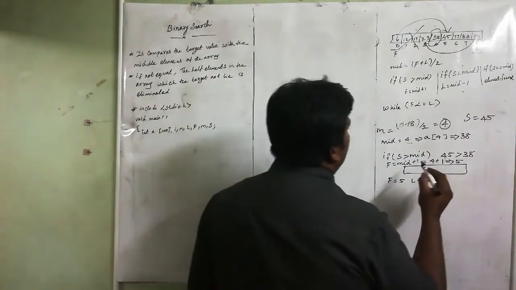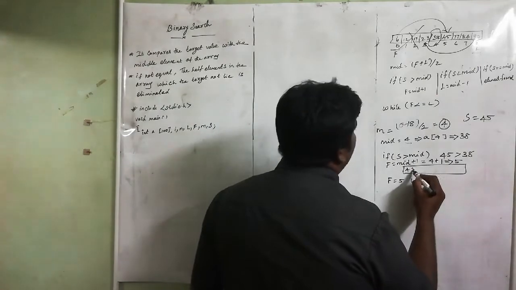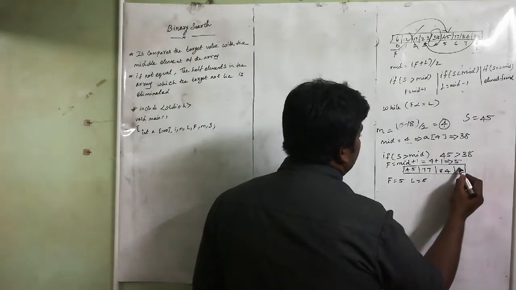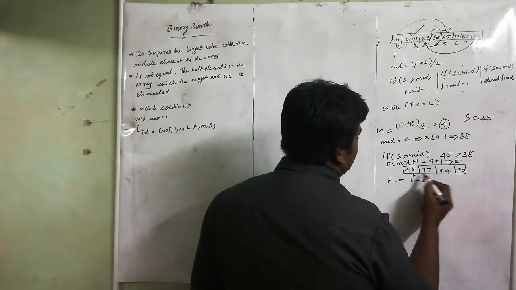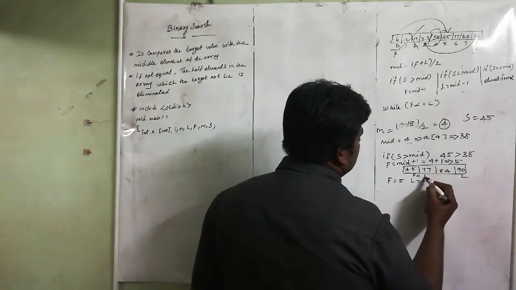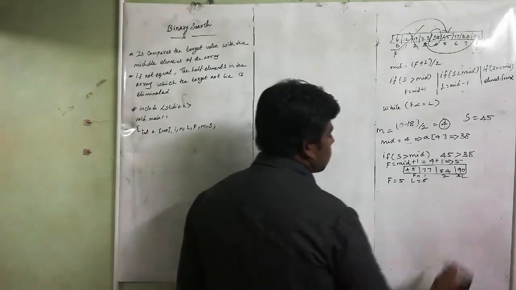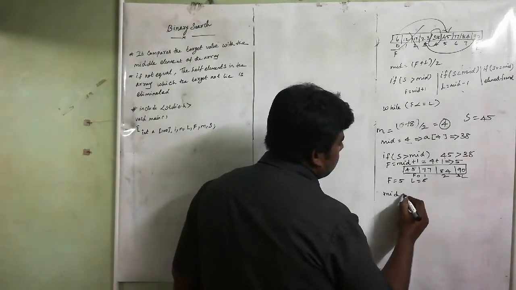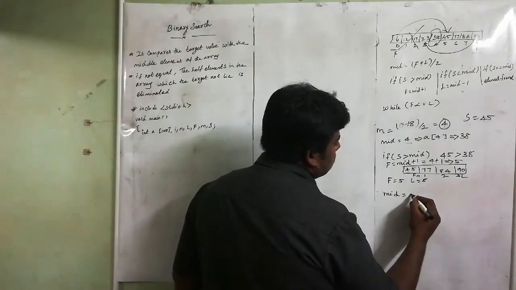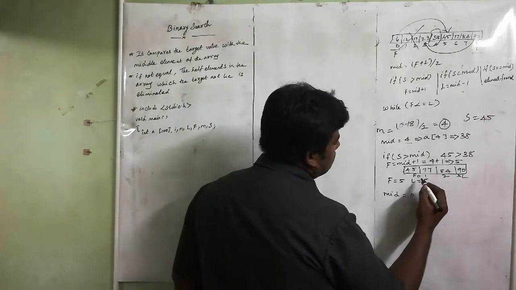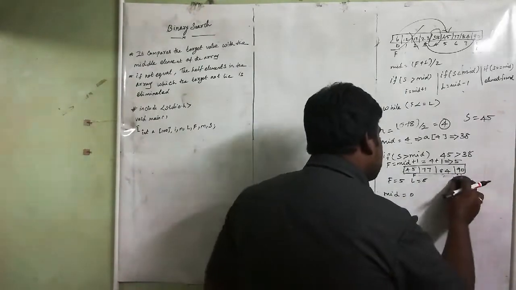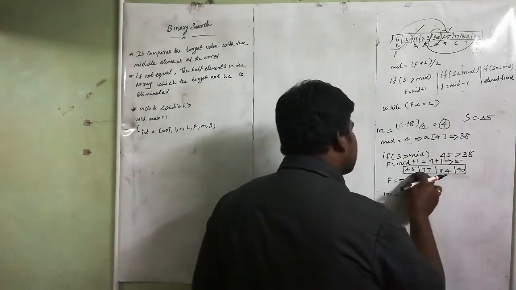So now the elements are 45, 77, 84, 90. This is first, this is last. Again you have to find the mid. Don't rearrange the elements like that; you have to take the same index.